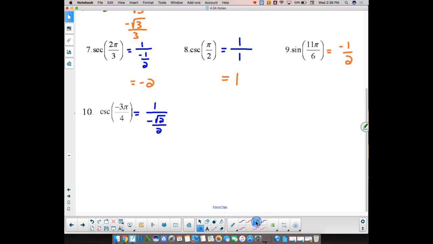So if I go 1 times negative 2 over the square root of 2, well then that's going to be negative 2 over the square root of 2, or simply, if I multiply both top and bottom by the square root of 2, I get negative 2 square roots of 2 over 2, which is just negative square root of 2. Okay?